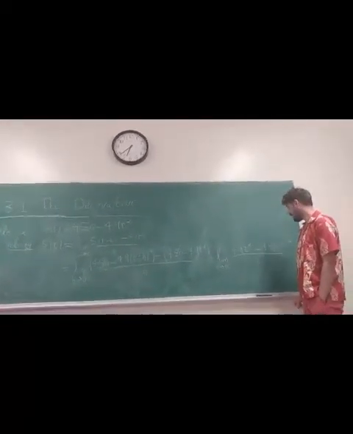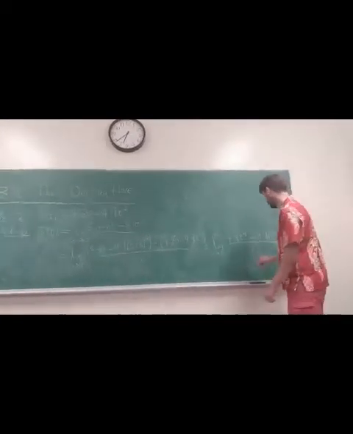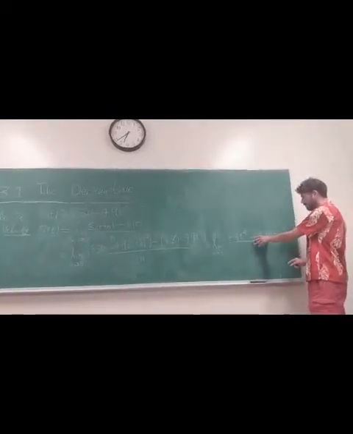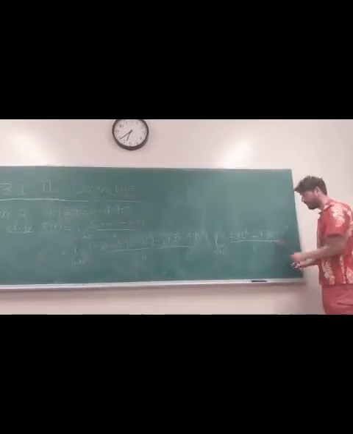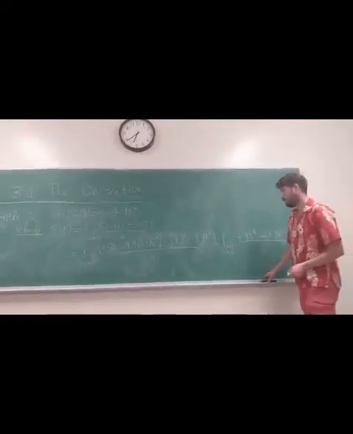What's 4.9 t squared minus 4.9 times, in parentheses, t plus h squared? We can factor out 4.9, and we can FOIL out t plus h squared.